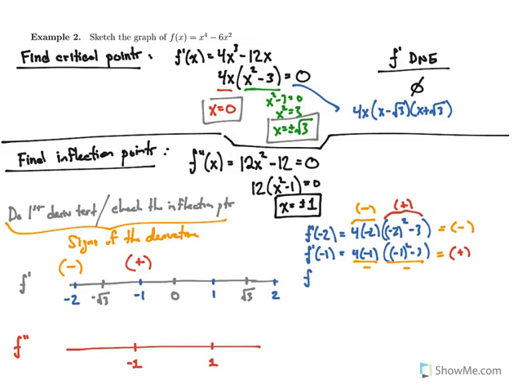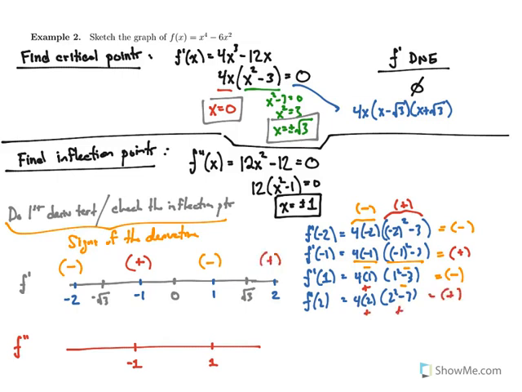Check the same thing for 1. 4 times 1, 1 squared minus 3 is going to be positive times negative, which is a negative number. And check 2 as well, which is going to give us positive and positive, which is a positive number.